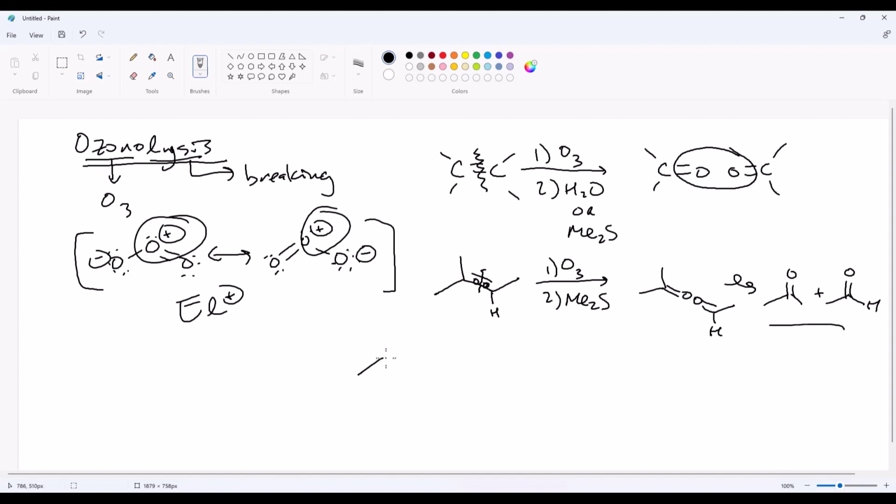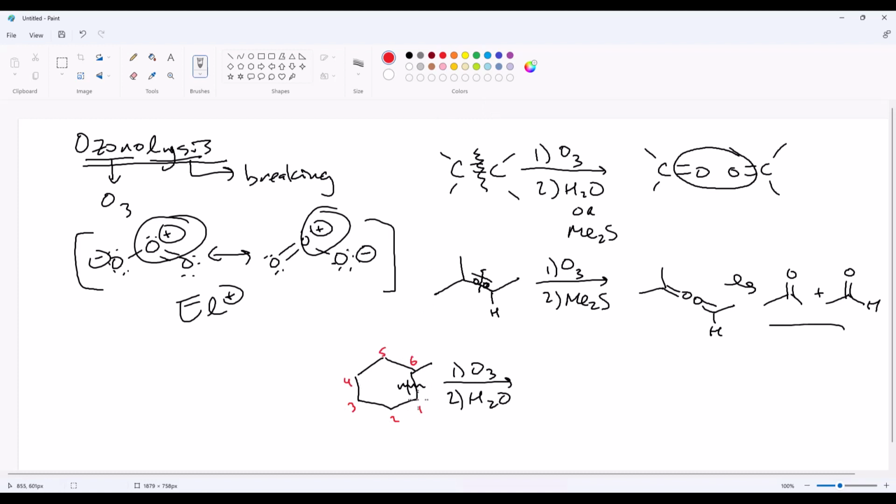However, if we have a cyclic alkene, you will end up with a linear alkene. So if we do ozonolysis on this species, this methyl cyclohexene, so I'll do H2O, we're going to cut this double bond, and it's going to form two carbonyls. However, if we count, we go 1, 2, 3, 4, 5, 6.